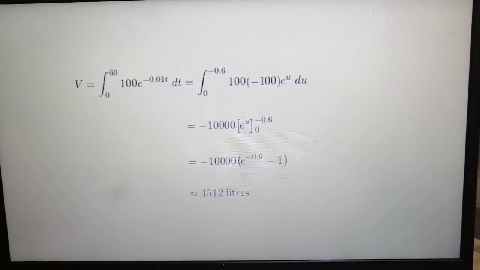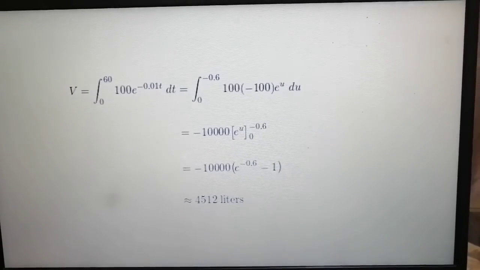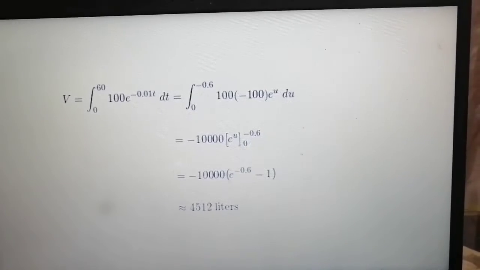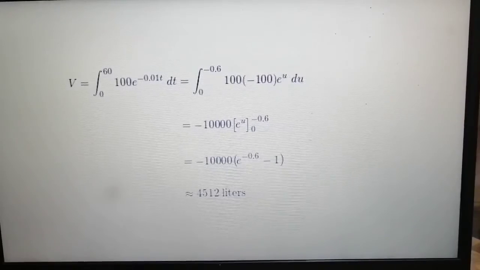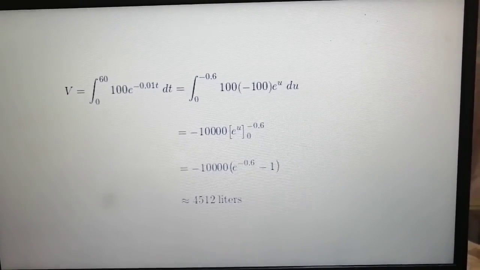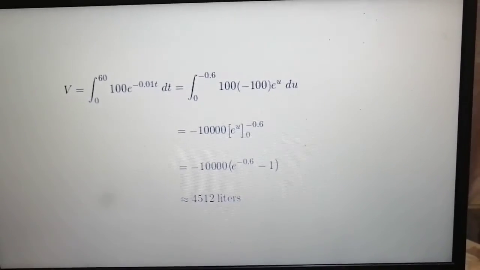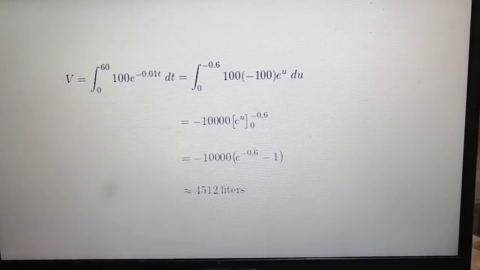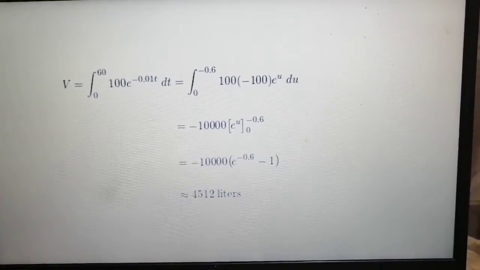Then we arrive at the integral of 100 times negative 100 e^u du, which we integrate from 0 to negative 0.6, and then we arrive at negative 10,000 e raised to u, integrated from 0 to negative 0.6, and we arrive at negative 10,000 multiplied by the quantity e raised to negative 0.6 minus 1.